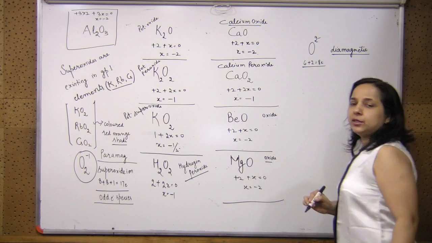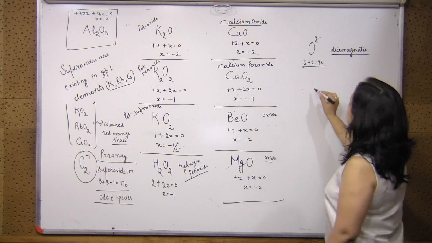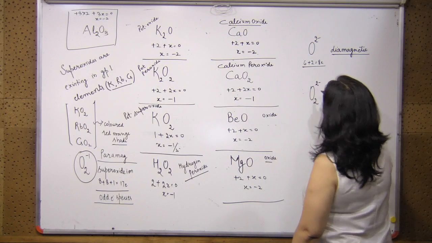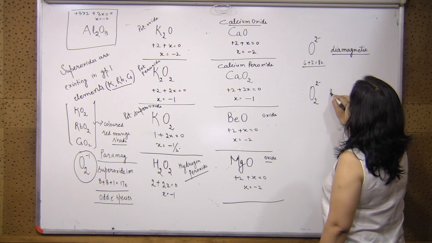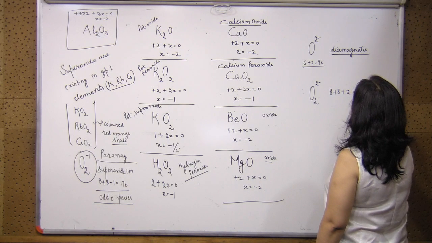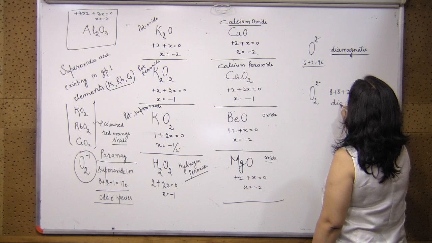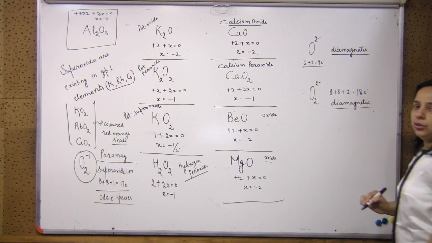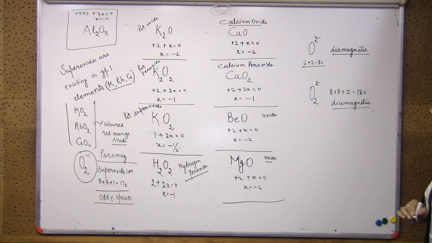It's a diamagnetic species. When we write O2 2 negative, it is peroxide. It is 8 plus 8 plus 2, 18 electrons are there. Again, it's going to be diamagnetic. So O2 2 negative is again diamagnetic.